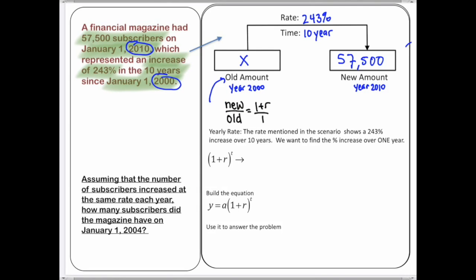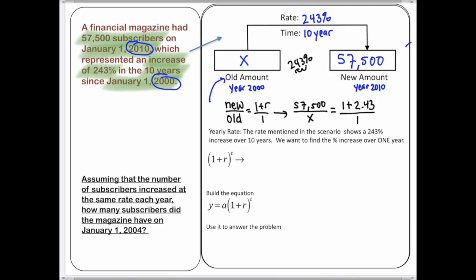Okay, so we have our trusty formula here, and that is going to tell us what we need to know to build the equation. So let's say the new amount is 57,500 subscribers. We don't know how many subscribers we started off with. We do know there was a 243% increase, so we have to take that 243 percent and change it into a decimal, moving the decimal two places to the left, and I get 2.43, all over 1.